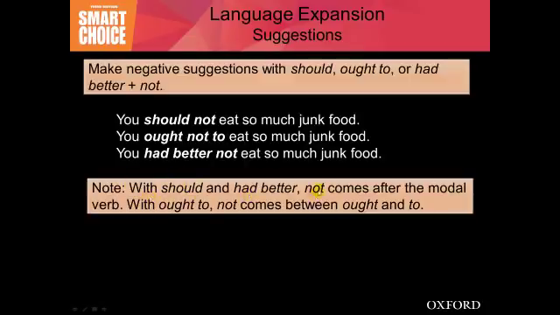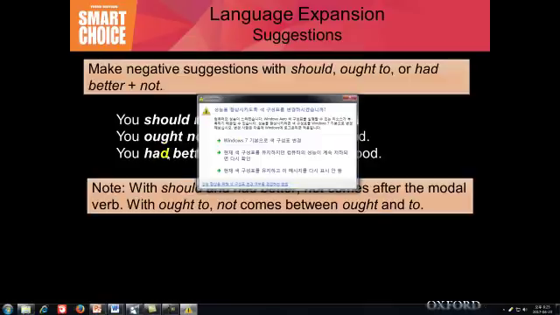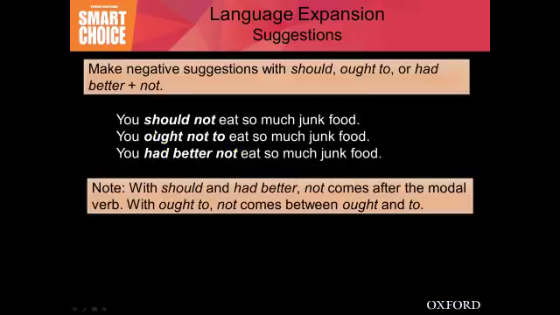Okay, here's a note that we need to keep in mind. With should and had better, not comes after the modal verb. Okay, not comes after. With ought to, it comes in the middle. Okay, so ought to, you make a sandwich.